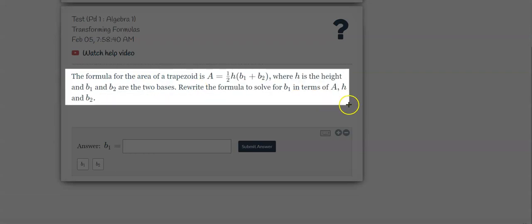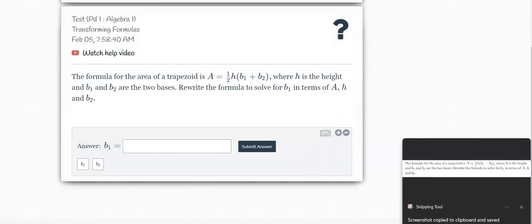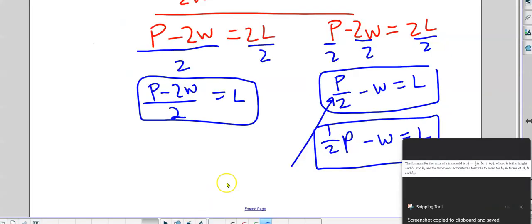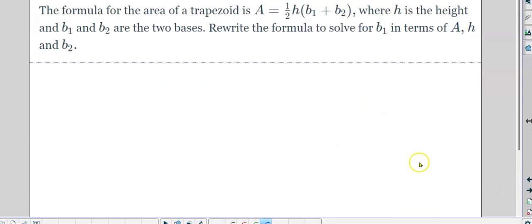The formula for a trapezoid, they want us to solve for B1. Okay, so as I'm writing this, let's see, area equals 1/2 height times base 1 plus base 2.